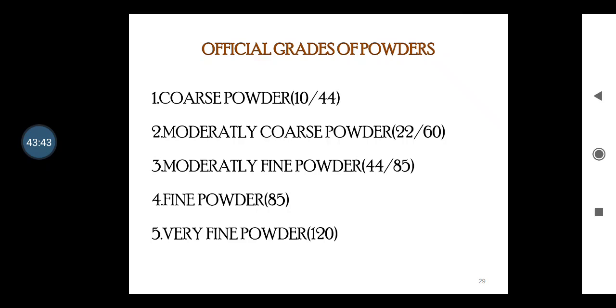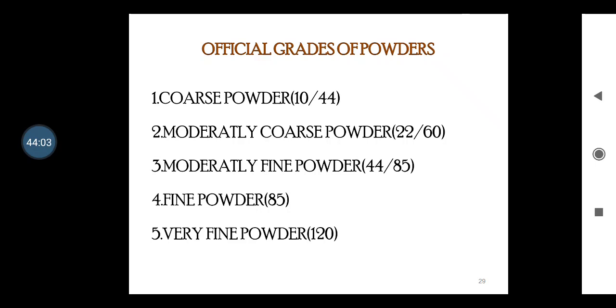The relevant grades of the powders and the sieve number along with the nominal aperture size are given in the next table, in the next slide. According to IP 1996, the specifications for the 5 grades of powders are given.